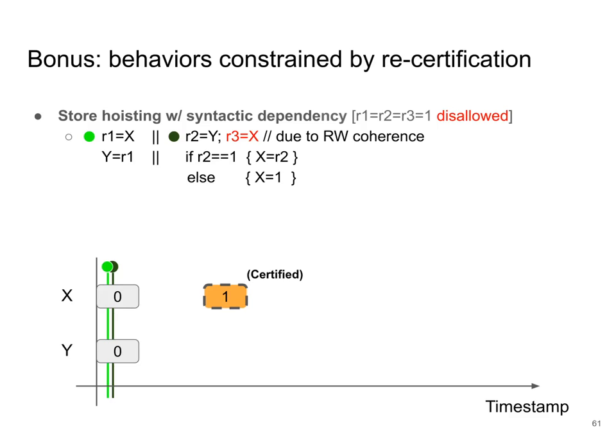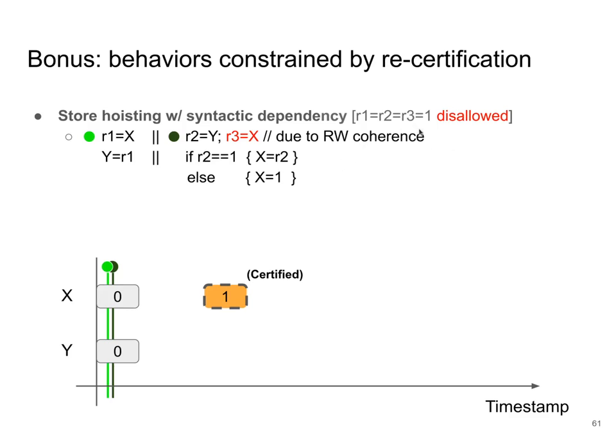In this behavior, the left thread is the same, but in the right thread, R3 equals x is executed in between the first and the second instruction. So the behavior in question is: is it possible to read R3 equals 1 as well, in addition to R1 equals R2 equals 1?